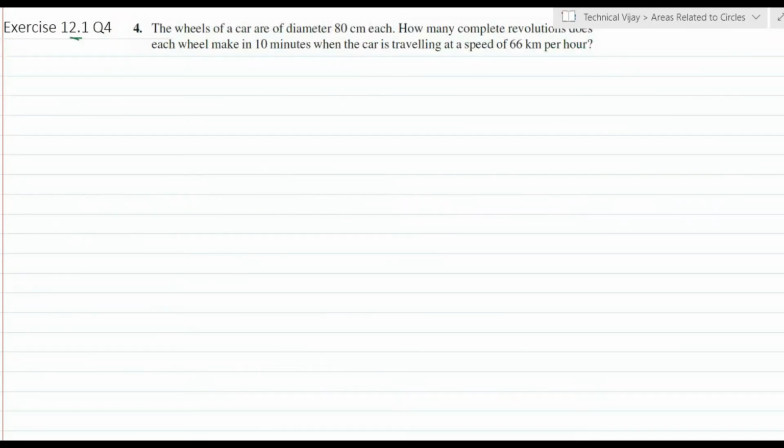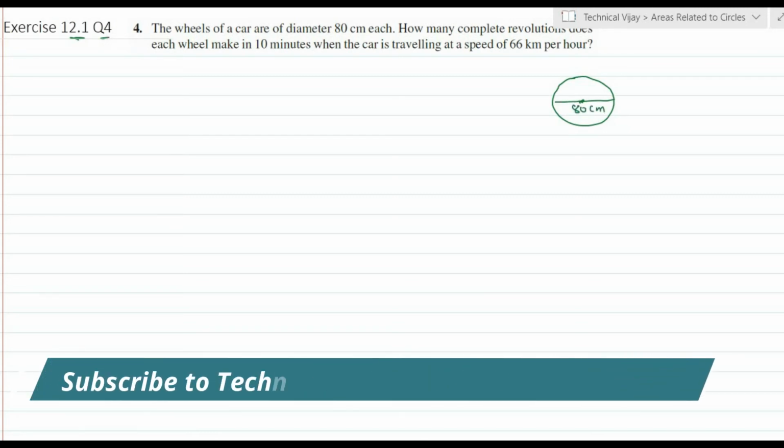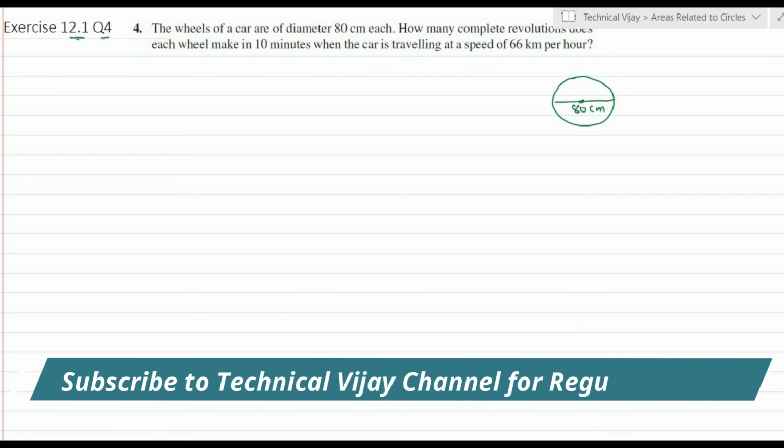So exercise 12.1, in that question number 4, the wheels of a car are of diameter 80 centimeter each. Here one car wheel diameter is 80 centimeter. How many complete revolutions does each wheel make in 10 minutes when the car is traveling at 66 km/h?